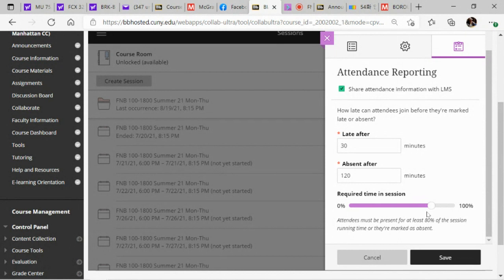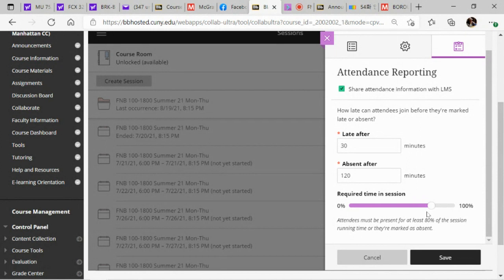80% is something like this. If from 135 minutes you subtract 30 minutes, you must be in the session at least 100 minutes. You may come in and go out. You may get cut off, re-log in, and so on.